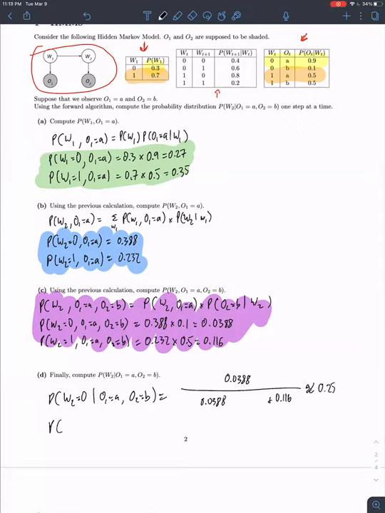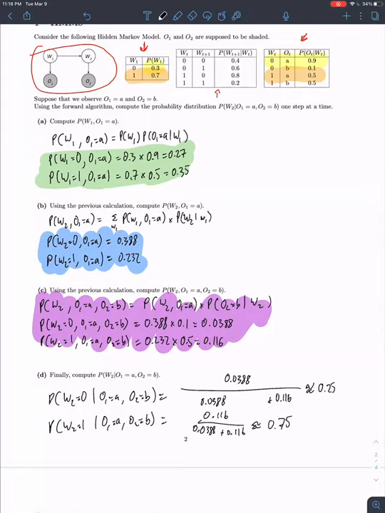And what's probability W2 is 1, given O1 is A and O2 is B? Well, it's sort of the same thing, but we swap the role of the two numbers. So 0.116 over 0.0388 plus 0.116. And that's around equal to 0.75. And we could also have just subtracted 0.25 from 1 because probabilities add to 1.